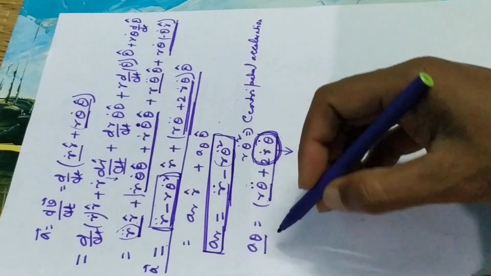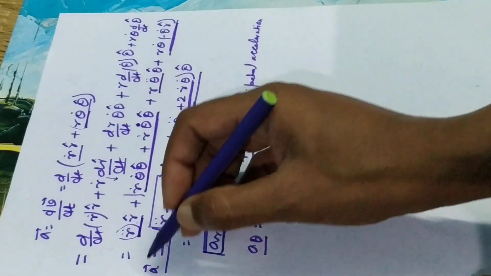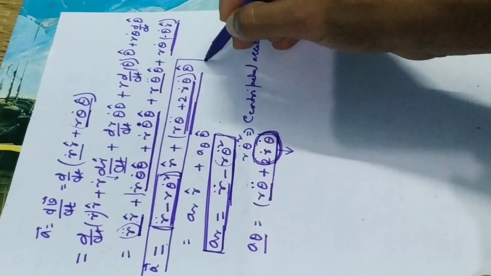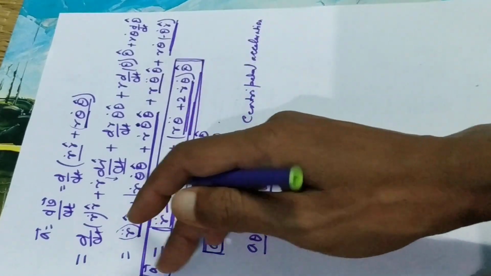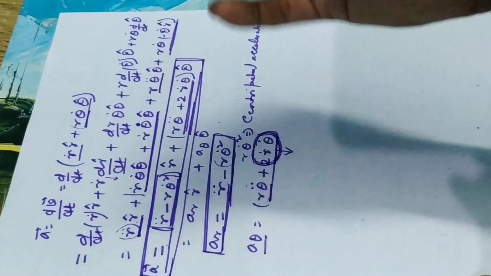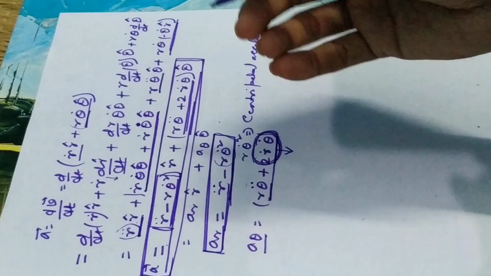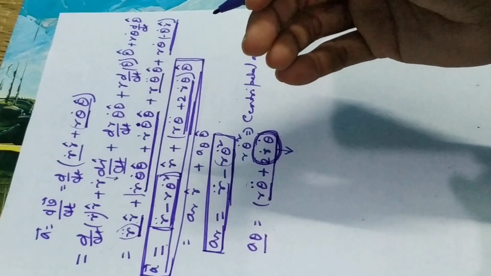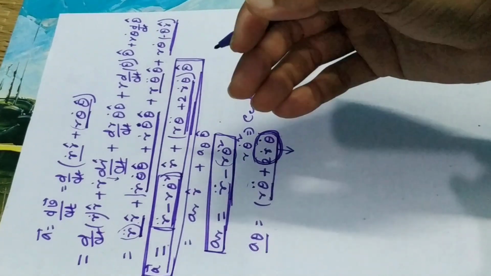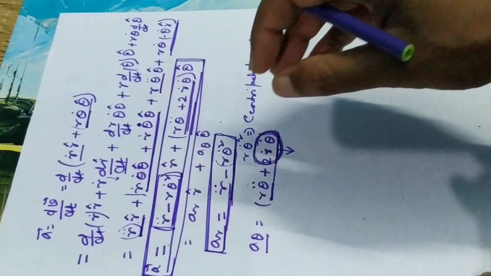So the final expression of the acceleration is here, and this is very important, and it is also required to study the motion of a particle when the particle moves in a central force field. So please try to memorize the expression. Thank you.